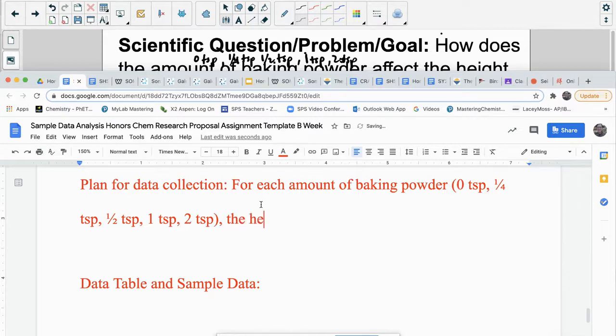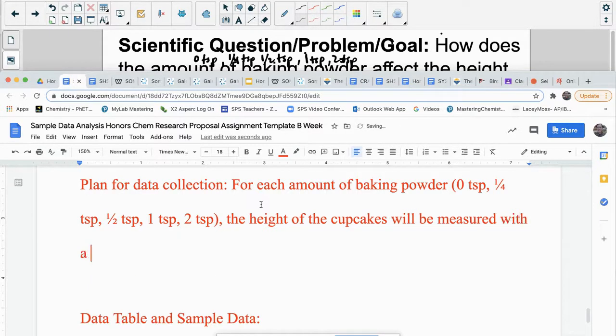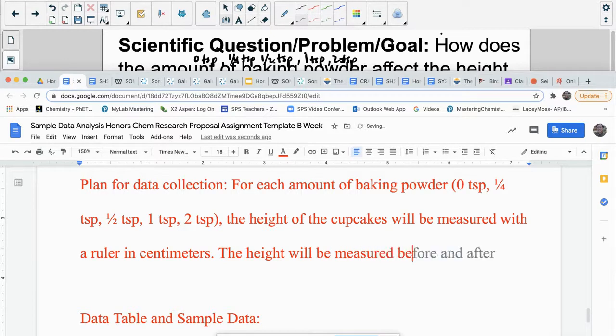The height of the cupcakes will be measured with a ruler in centimeters. I want to be specific about what I'm doing. And the height will be measured before and after baking.